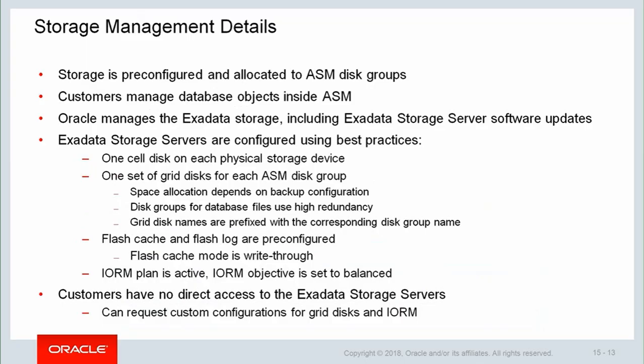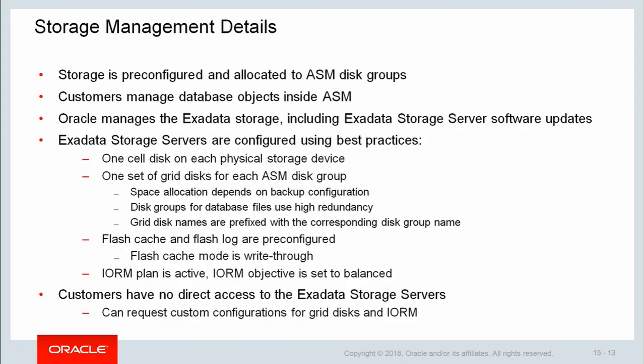And storage management details. Storage is pre-configured and allocated to ASM disk groups. So you don't manage ASM disk groups in the cloud environment. And the customer manages objects inside ASM. And Oracle manages ExaData storage, including ExaData storage server software updates. And ExaData storage servers are configured using best practices.